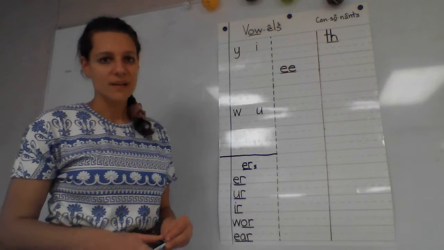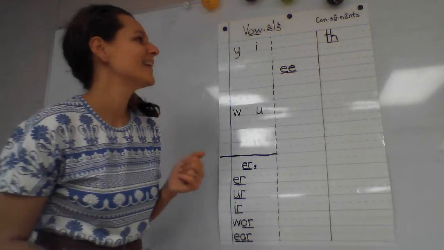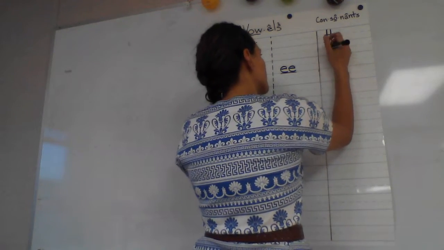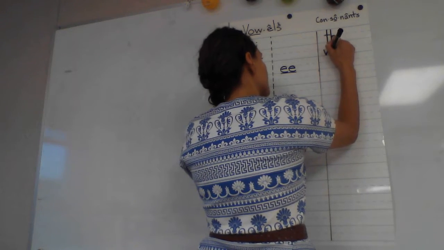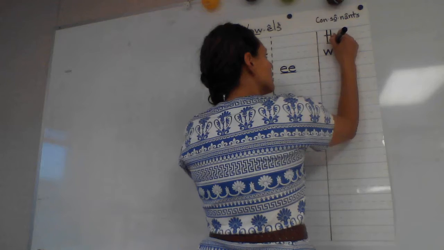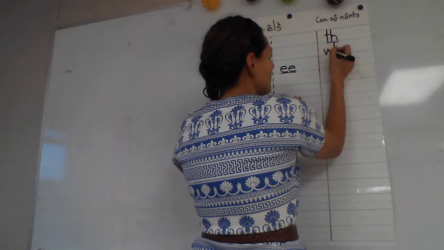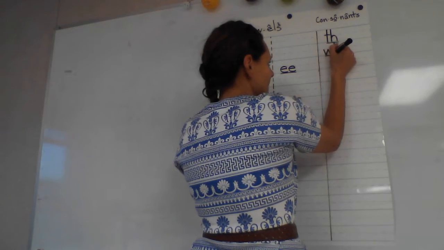Class, tell me what phonogram you just wrote. Oh, good. I know that one. It's going to go right here under our... All right, and remember we always underline if it's more than one letter.